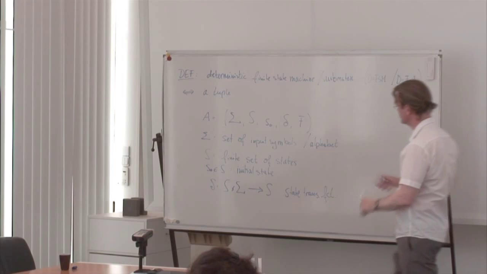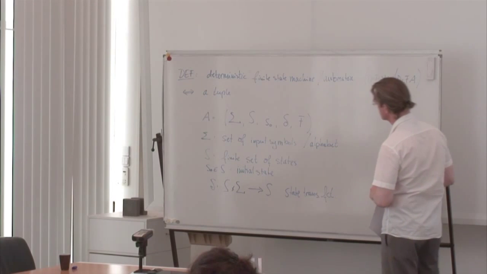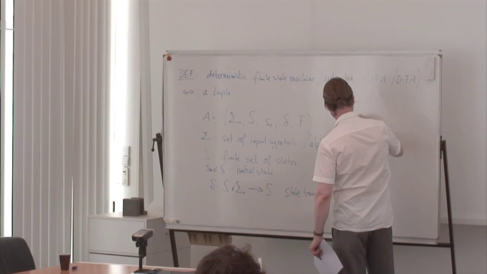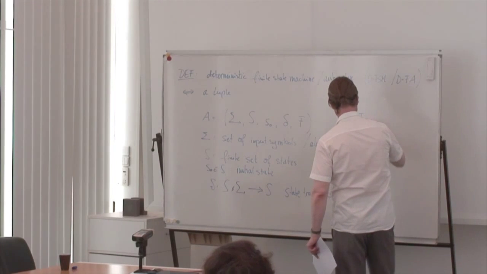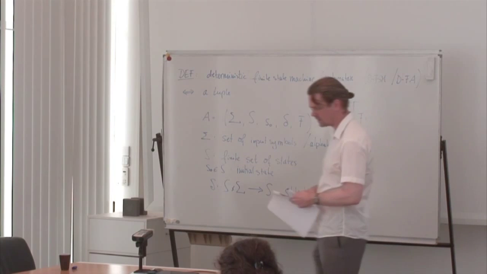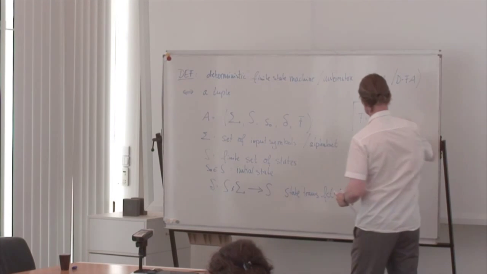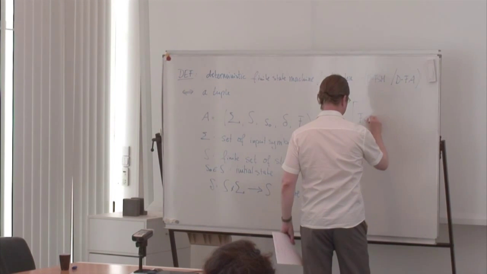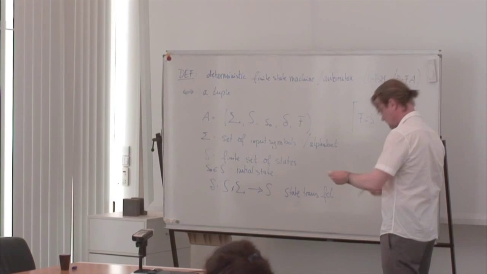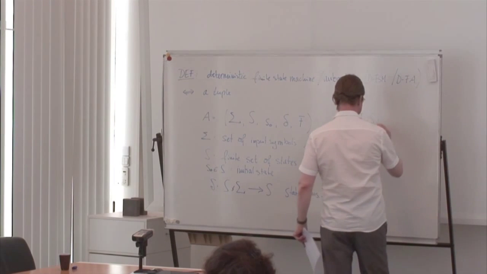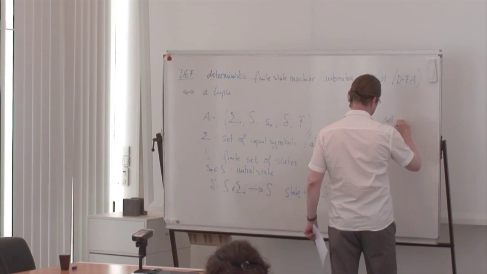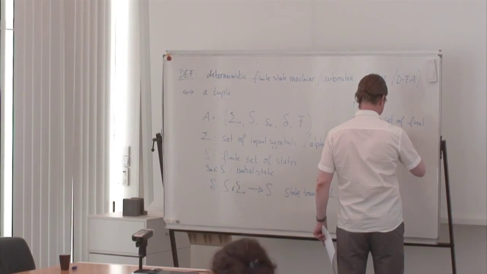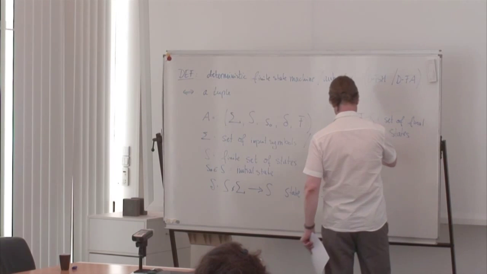Yeah, and then we do have this last element here. F is a, I should make that explicit, a subset of the set of states, and it is called the set of final states.